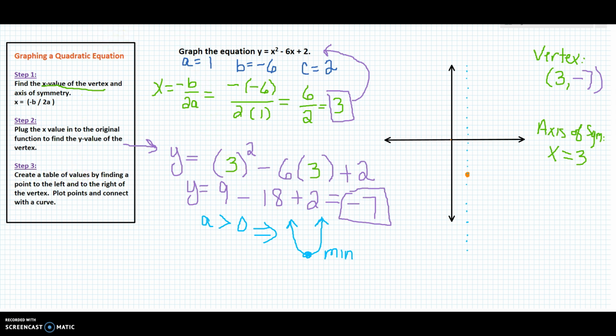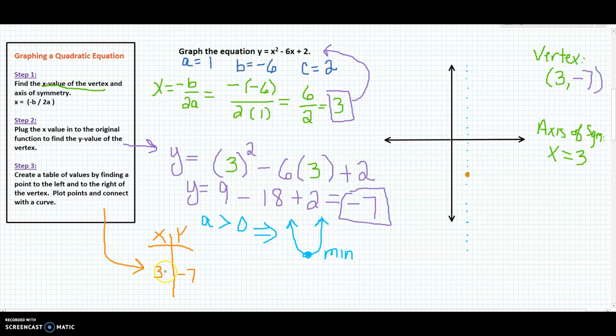Step 3 says I need to create a table of values. So I'm going to create a table of values, so we remember what a table of values looks like here. And in this table of values, I'm going to put my vertex in the center. And I'm going to strategically pick 2 other pairs.